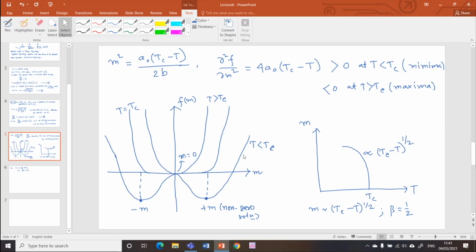So we don't exactly know what will happen at T equal to 0 Kelvin, but for some non-zero value very close to it, like nano Kelvin temperature or something, this will be valid.